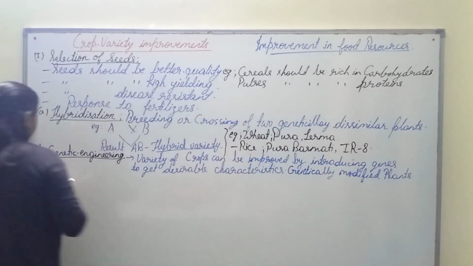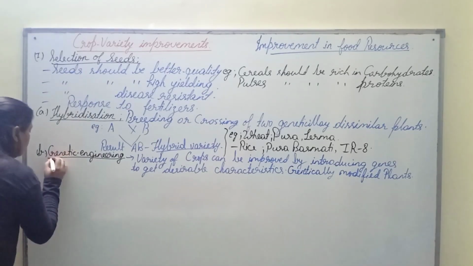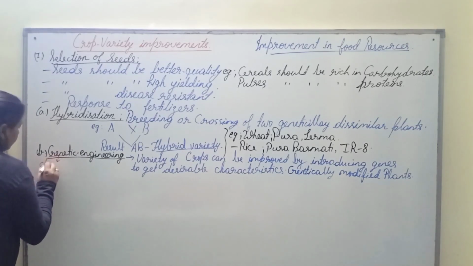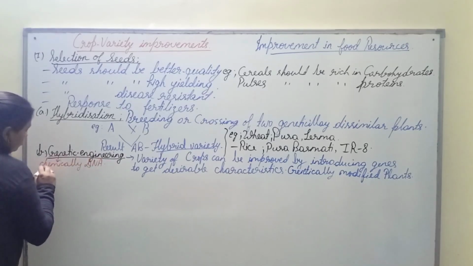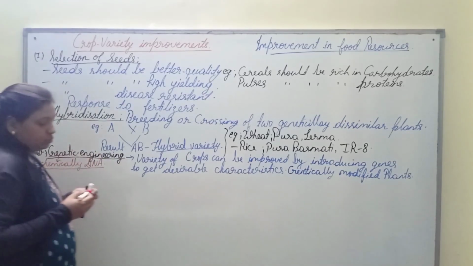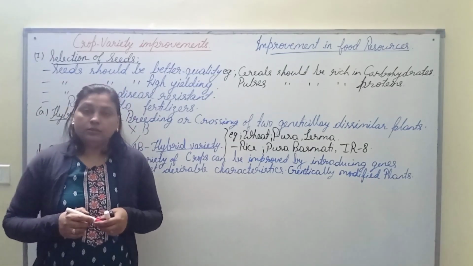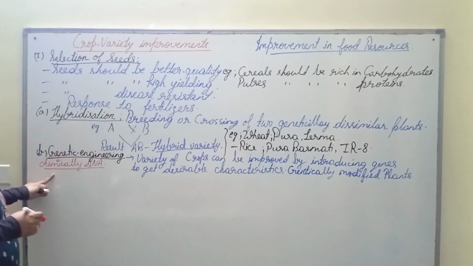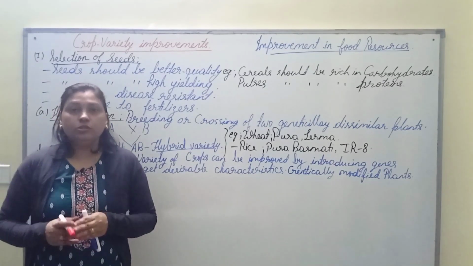So here we know about gene. Gene is chemically DNA, and this DNA is responsible for the transmission of characters from one generation to another generation. So this gene or DNA carries the information.